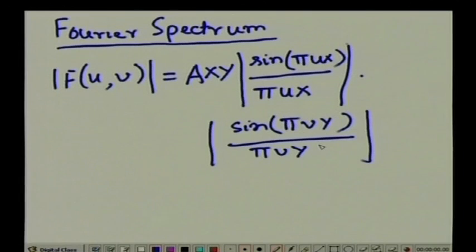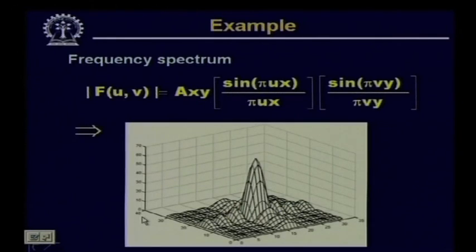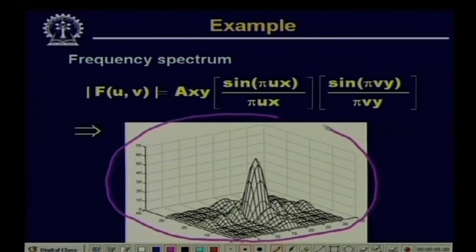Now, if we plot the Fourier spectrum, the plot will be something like this.